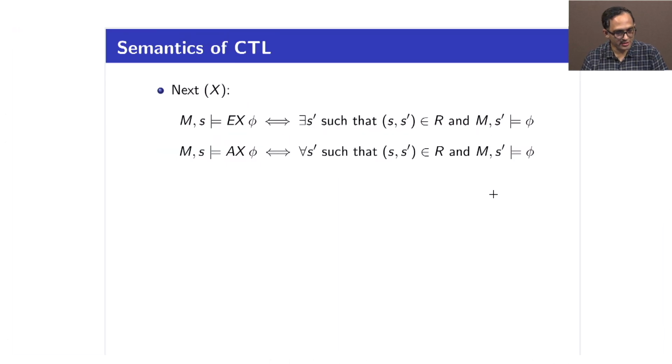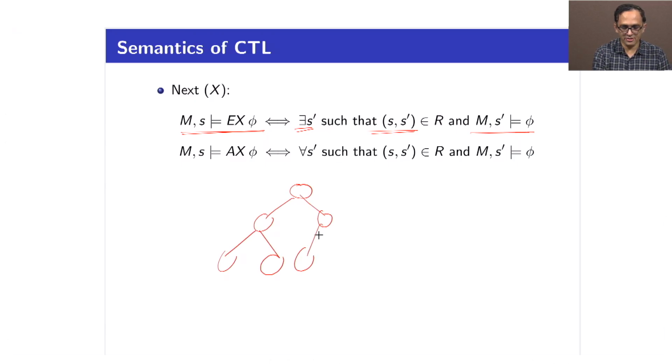Similarly, for implications. For next, we have already defined that if this is getting satisfied, that means there exists an S dash which is basically a transition, right, S to S dash. That means S dash is a next state of S, and in the next state phi is satisfied. So, this we have already discussed. Let us say I have a branching tree like this, and in this state phi holds.